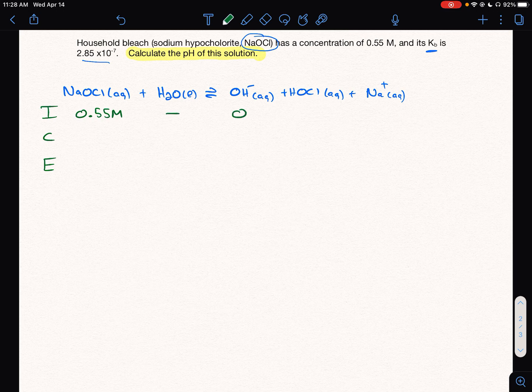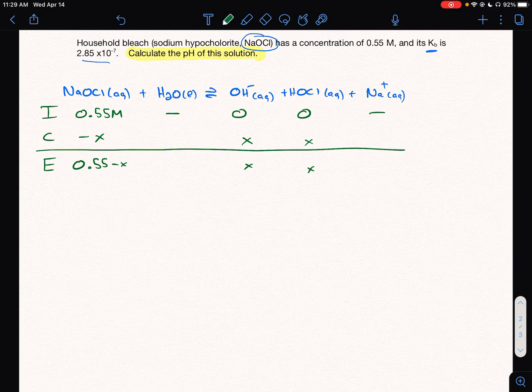We have no hydroxide, no HOCl to start, and sodium we don't care about. So our change on the reactant side, we're going to lose something, so minus X, and everything's a 1-to-1 ratio. So on the product side, we have X and X. We can add things together. So our equilibrium is 0.55 minus X, X, and X.